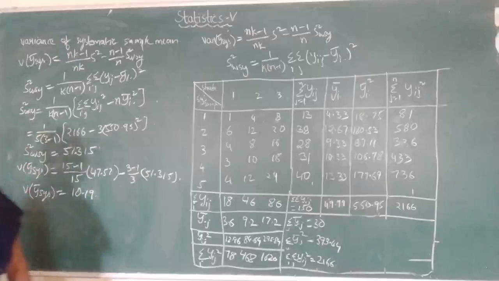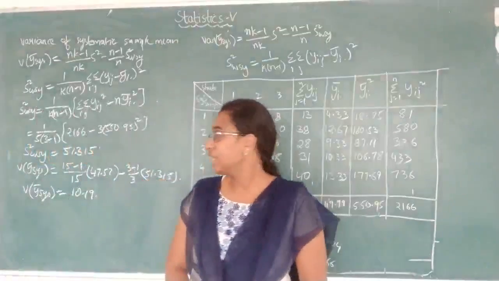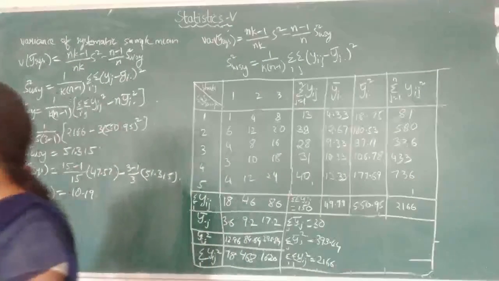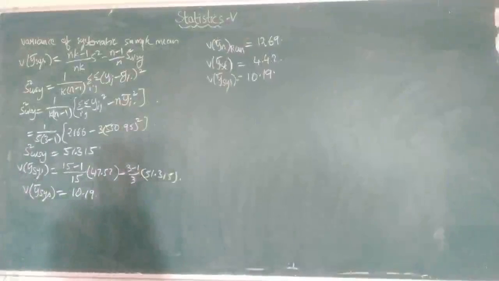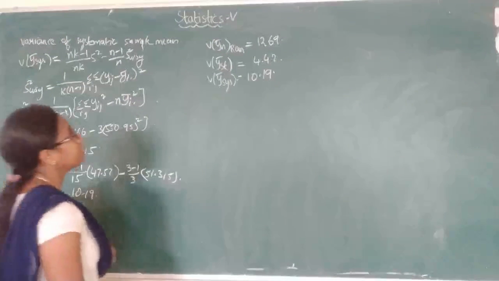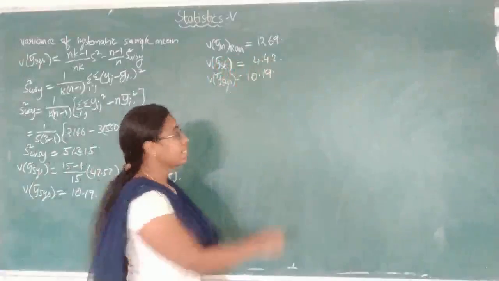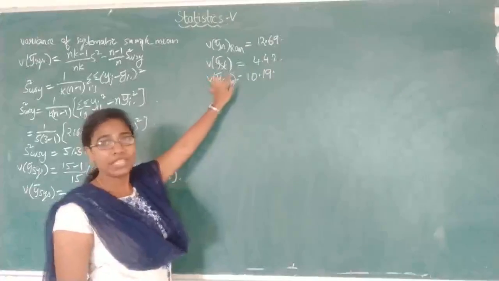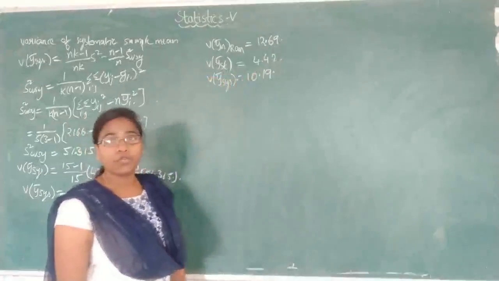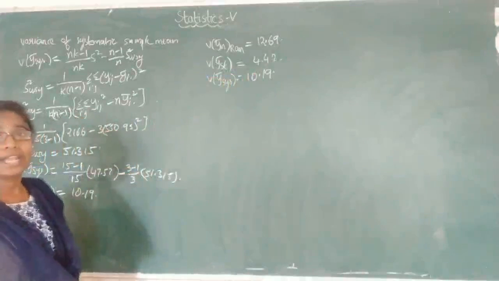So we have got all the three variances. Now for the comparison of these variances, write all the variances and check which sample mean has the least variance. The random sample variance we got as 12.69, the stratified sample variance we got as 4.42, and the systematic sample variance we got as 10.19.